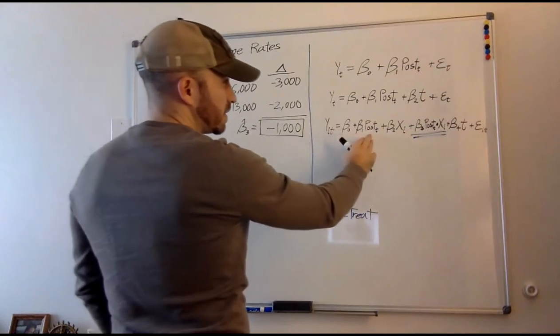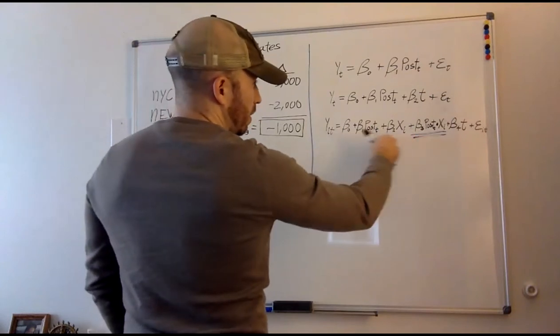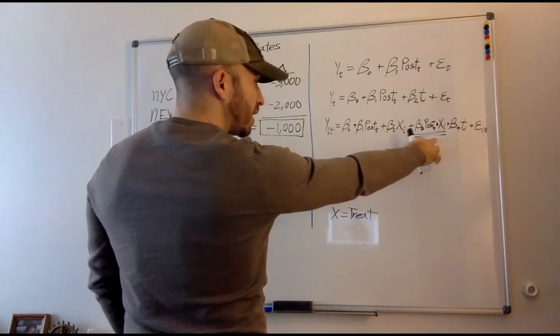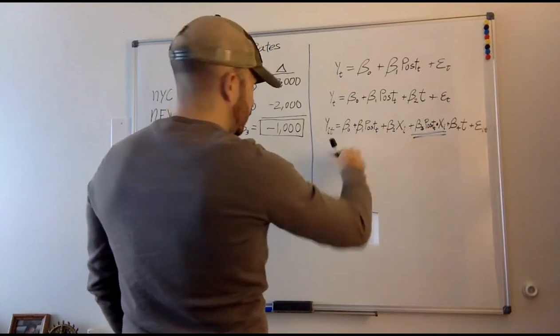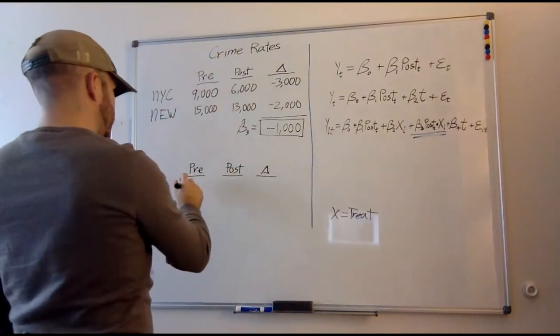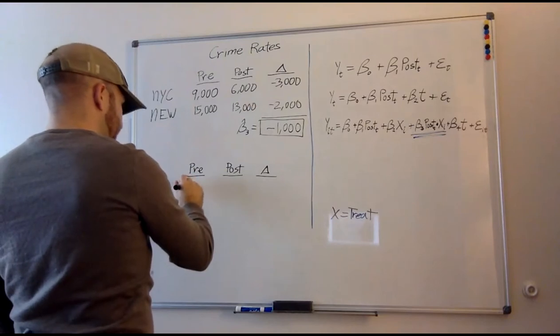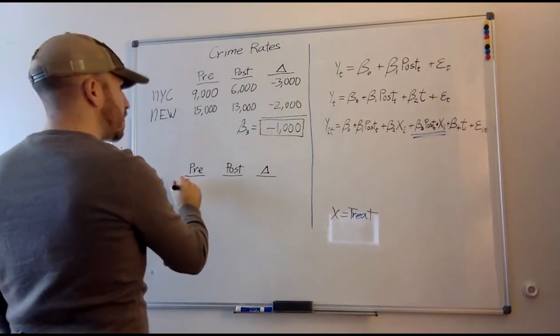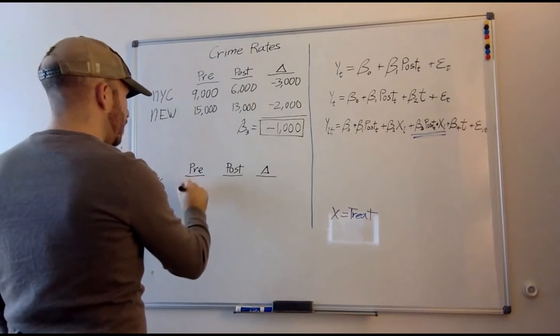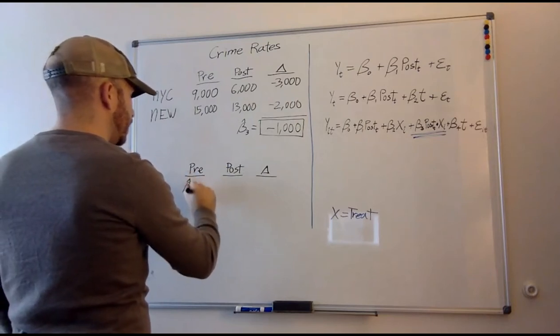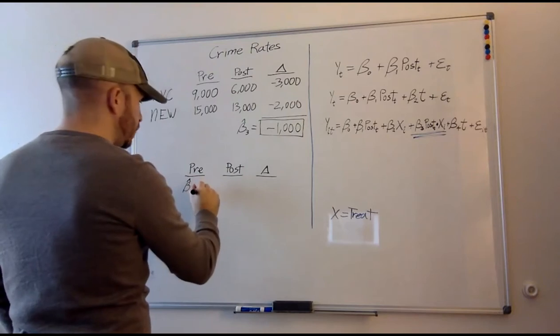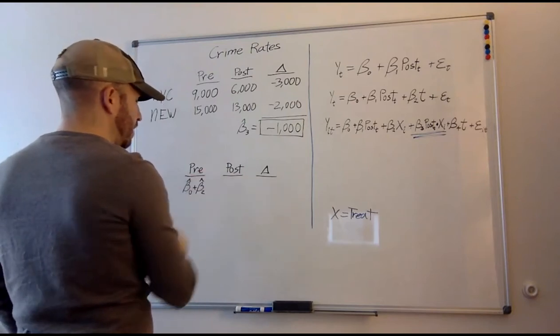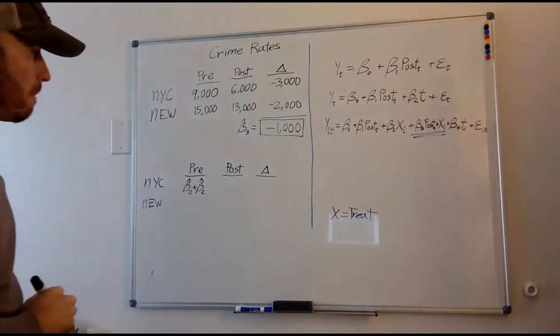So post is equal to 0, meaning that here and here the variable is 0, but xi is equal to 1, because New York City is among the treated cities, the only treated city in our thought experiment here. So that's beta naught hat plus beta 2 hat, right?